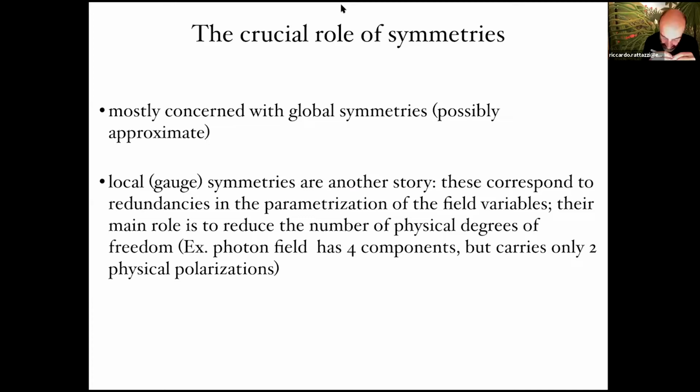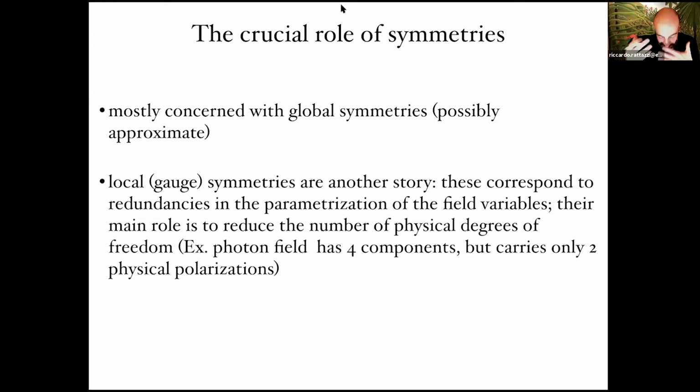For the photon, you have 4 fields apparently, A mu is a vector, but you know from the representation of the Poincare group that the massless vector only has 2 polarizations, 2 states, and it's precisely to match that. They are truly structural, but they're less important for what I'm about to say.